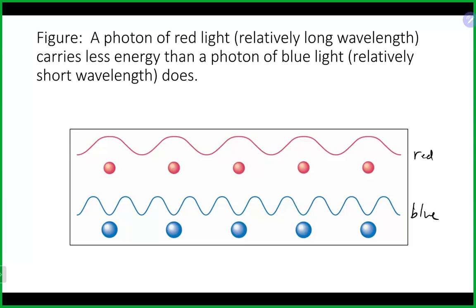So, for example, you could even make a prediction if you were doing something like an electron discharge tube, and you observe maybe a red light come out as something is happening versus a blue light. You can make an assumption that perhaps the electron is not transitioning as much energy as the blue one.